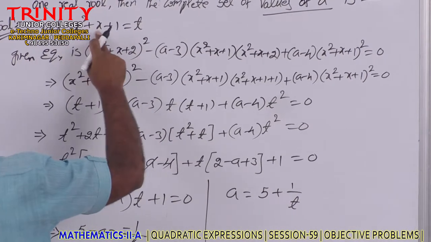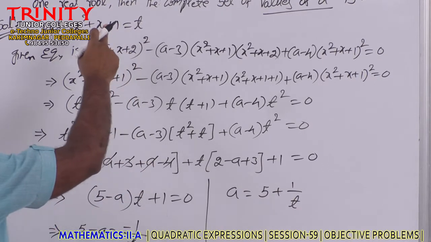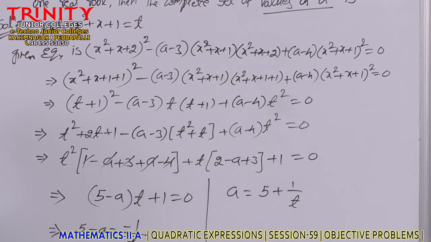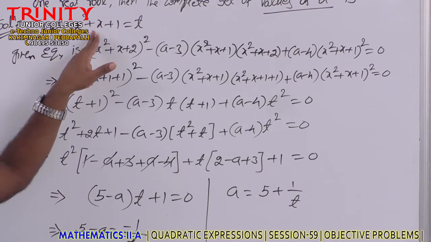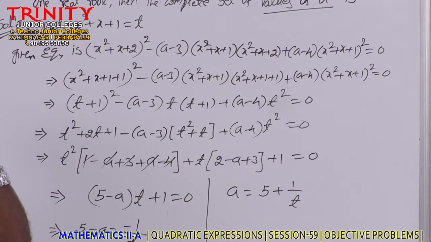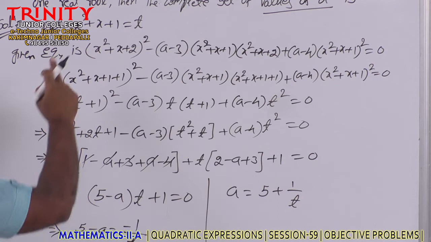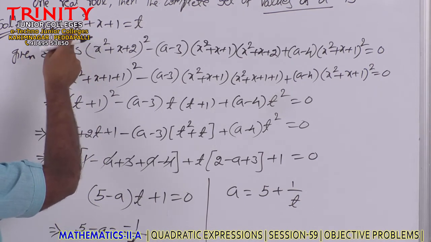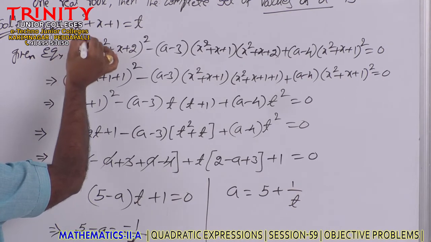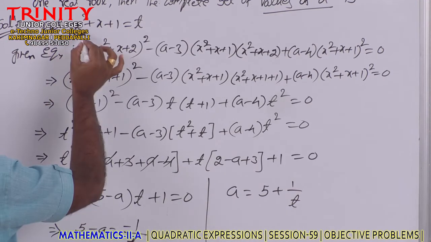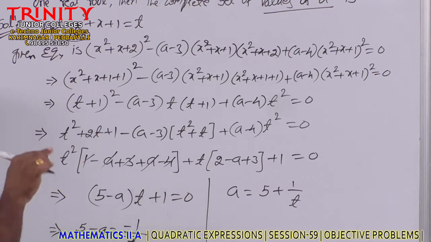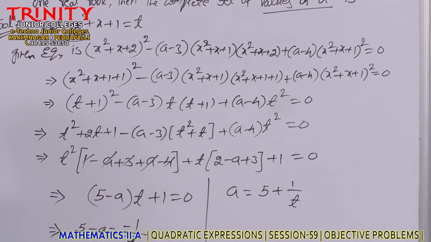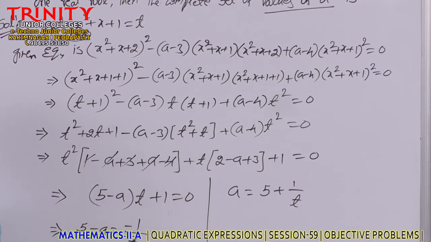For x square plus x plus 1, the expression is always greater than 0, meaning it has a minimum value, and the maximum value is always infinity. Why? Because here the coefficient of x square is 1, which is greater than 0. If the coefficient of x square is greater than 0, then the expression always has a minimum value. The maximum value is infinity automatically.